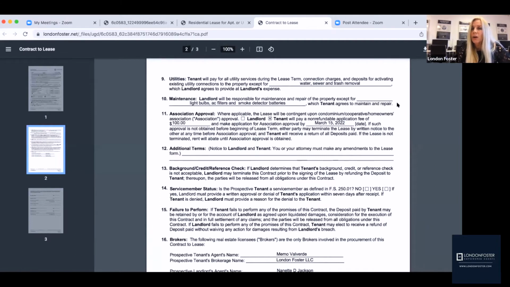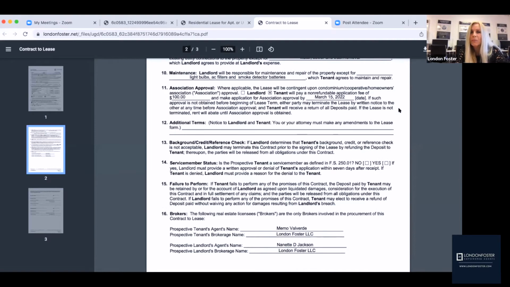If it's an annual, I do it annually for the owner, have the owners check those batteries. There's usually a 9-volt battery in there. So you just want to make sure that that's working. And if it happens to go out again, just like the light bulbs, the tenant can get the 9-volt battery and put that in, and that's what they should do. These things might vary apartment to apartment, but for the most part, these are the typical things I put there.